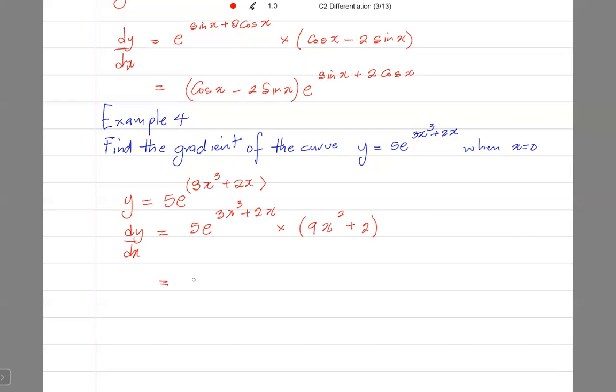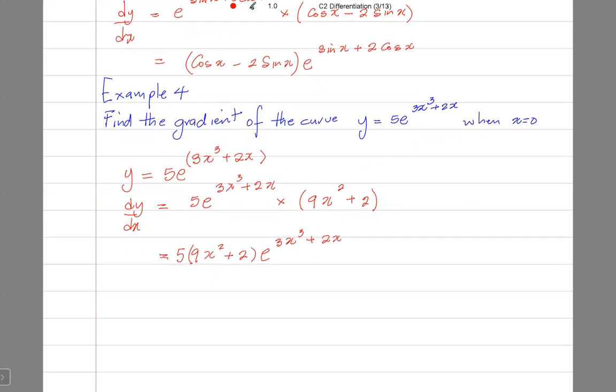So my final answer is 9x squared plus 2. I'll probably put the 5 at the front, 5, and then e to the 3x cubed plus 2x.